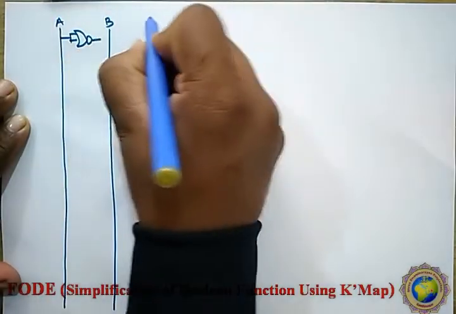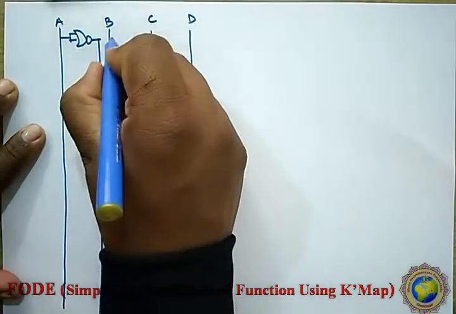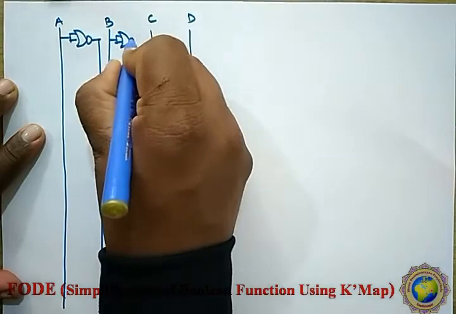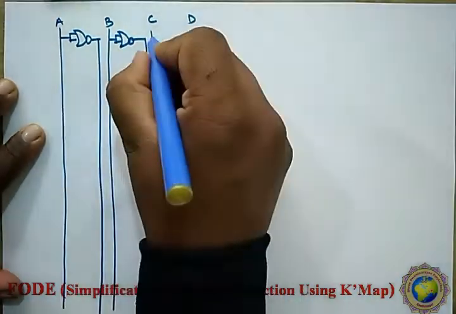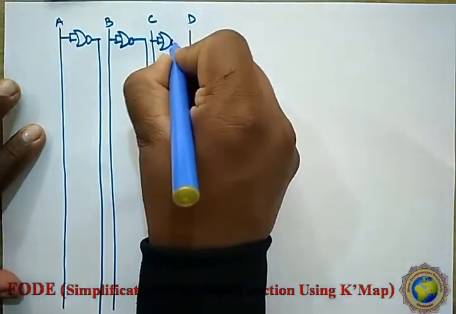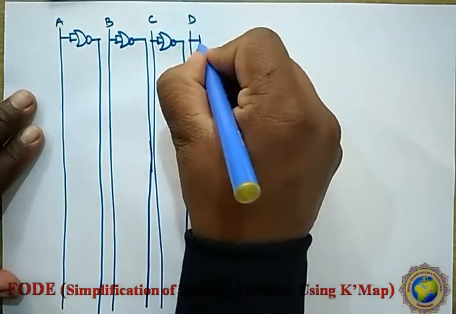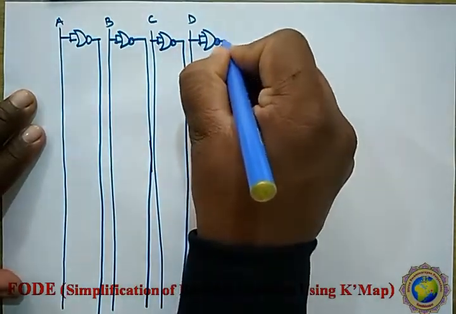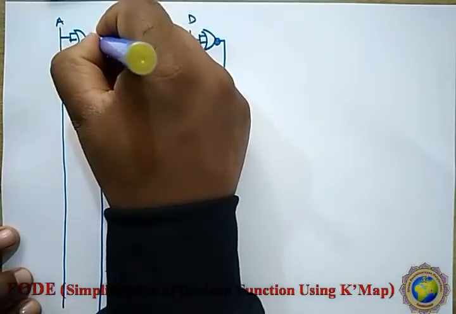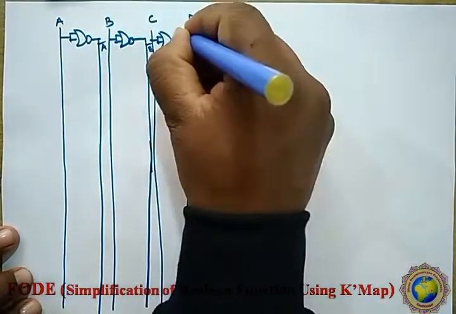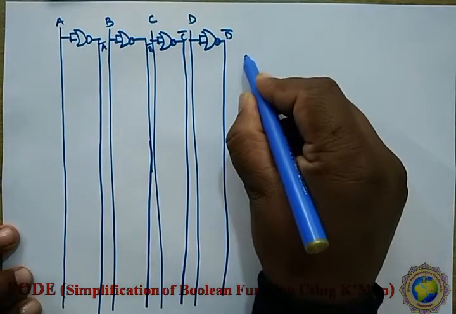A, B, C, D. So how many functions are there? There are 4 functions: A bar, B bar, C bar and D bar. Five functions are there, so draw 5 NOR gates.